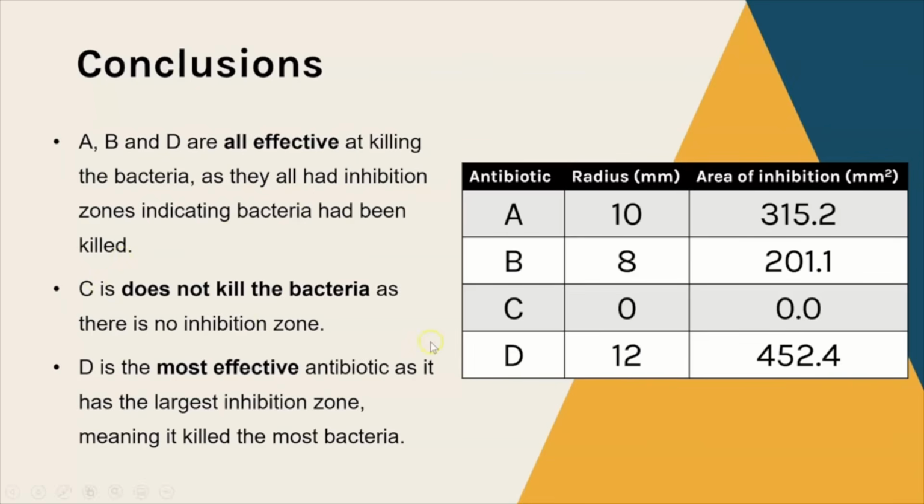Another conclusion is that antibiotic C does not kill the bacteria, and the reason we know that, this is our explanation, is because there was no inhibition zone around it. Finally, we could have the conclusion that D is the most effective antibiotic out of these 4 at killing this particular bacteria. And the explanation is it had the largest inhibition zone, which means it had killed the most bacteria.